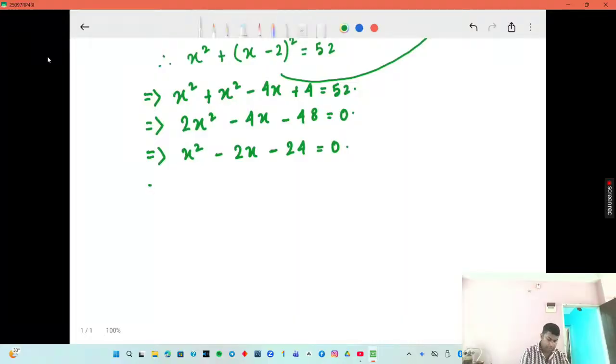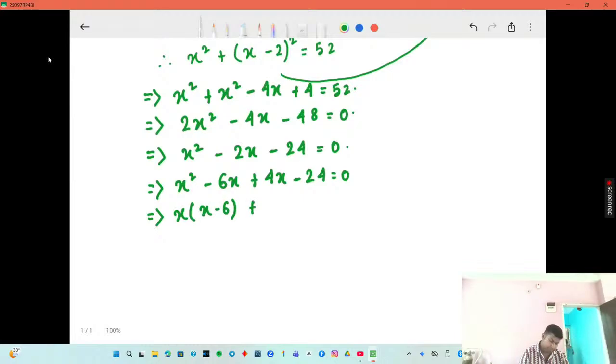Okay, now we can write x squared minus 6x plus 4x minus 24 is equal to 0. So x into x minus 6 plus 4 into x minus 6 is equal to 0. So x minus 6 and x plus 4 is equal to 0.